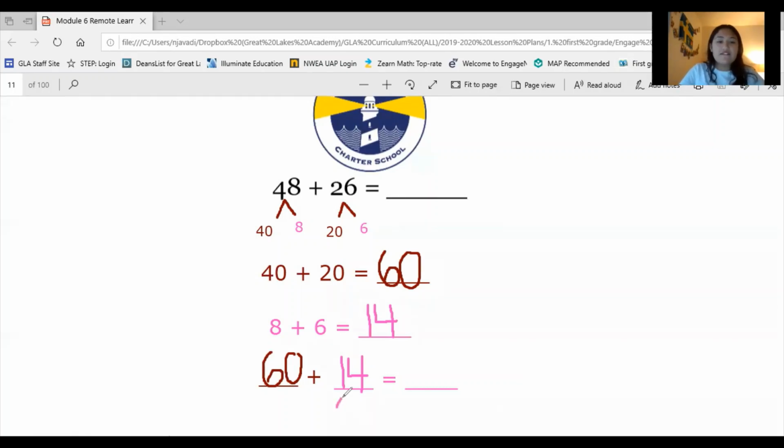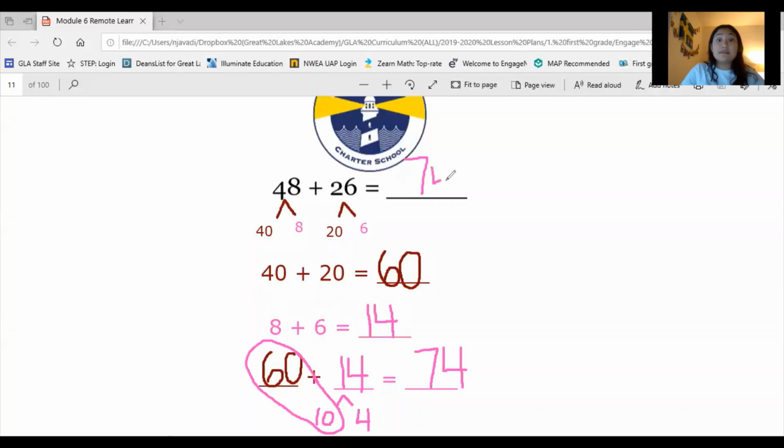So I know that 14 is equal to 1 10 and 4 ones. I really quickly know that 60 plus 10 is equal to 70 because 6 tens plus 1 10 is 7 tens. And if I'm adding my last ones over here, my other part, that's equal to 4. And my answer is 74.